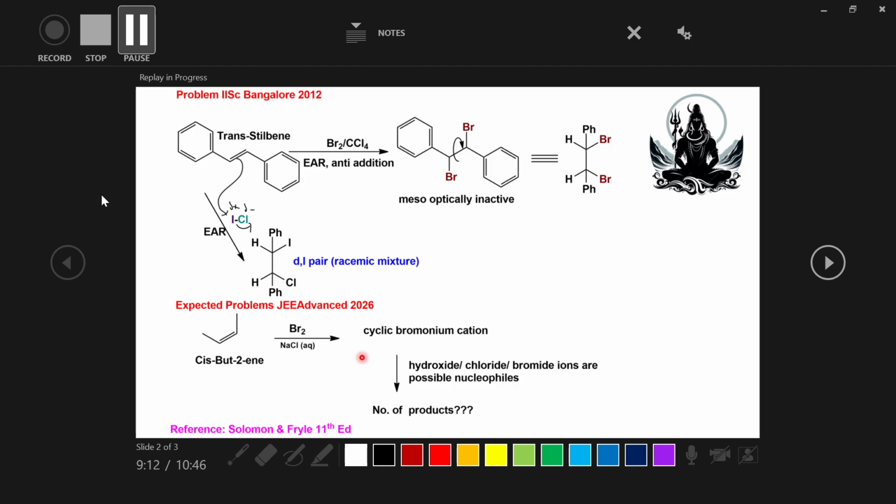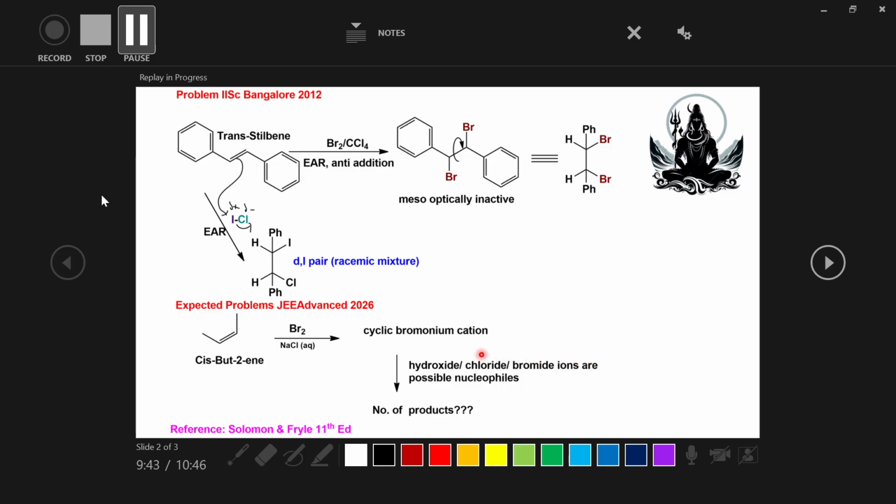Apart from that, since Br2 will react with water to give HOBr, which is hypobromous acid, and HBr. So what are the options that you have as a nucleophile once the cyclic bromonium cation is formed?